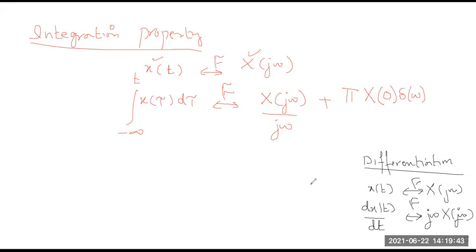Now, because of the relationship between differentiation and integration, they are basically inverse operations. So in case of differentiation, we are multiplying with this factor. And when you take the integration, you see that this factor is divided, but we also have this extra term.